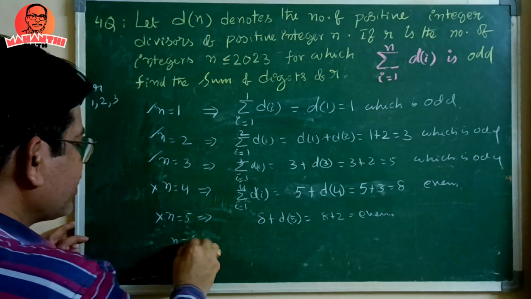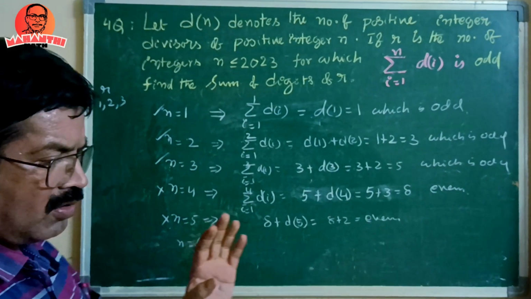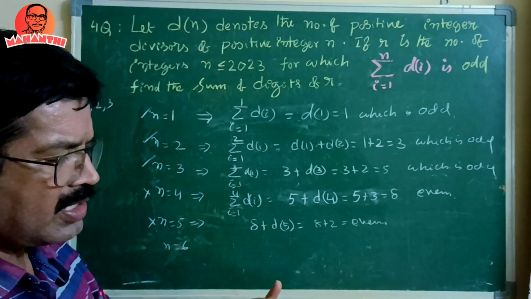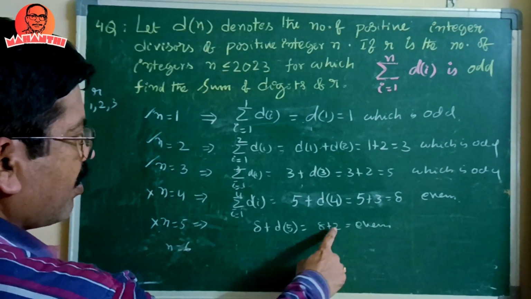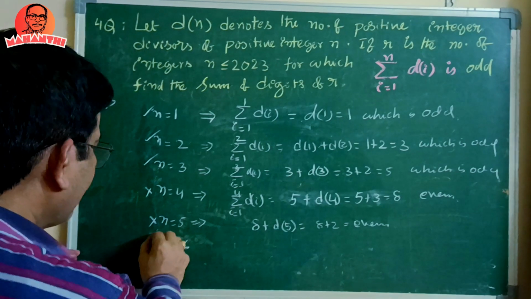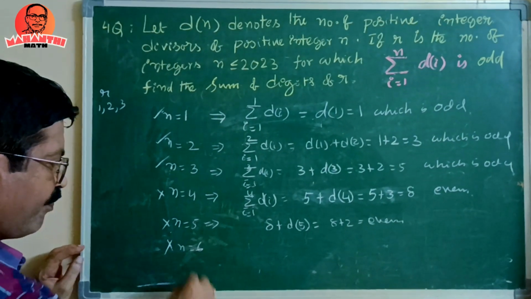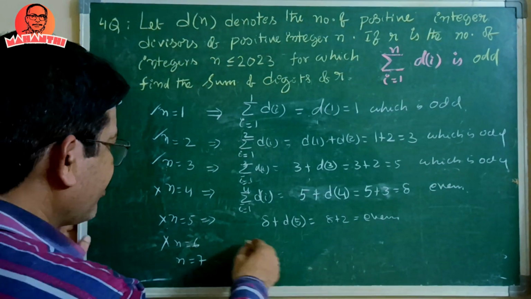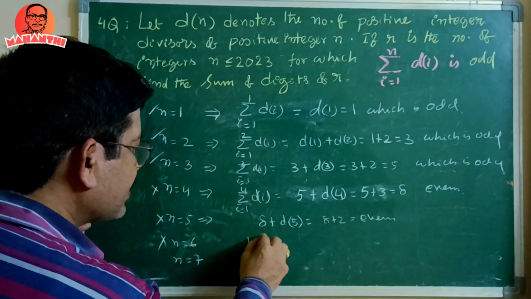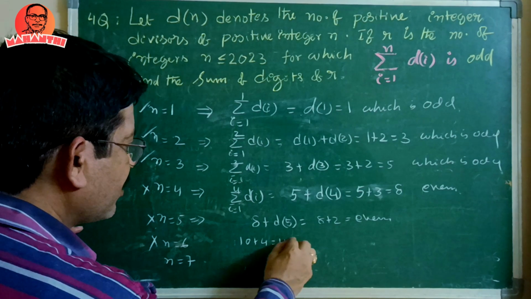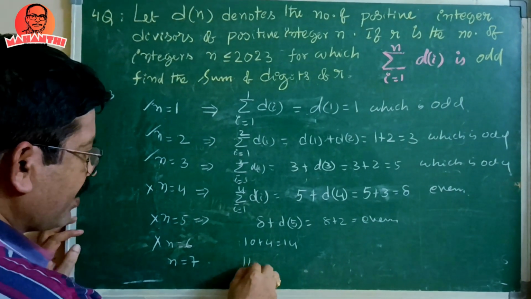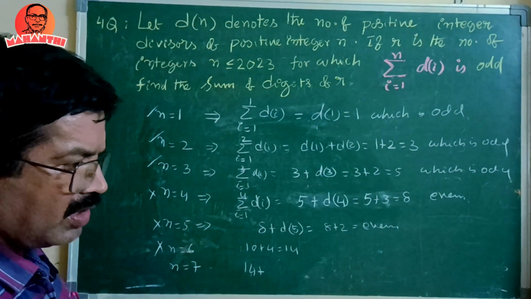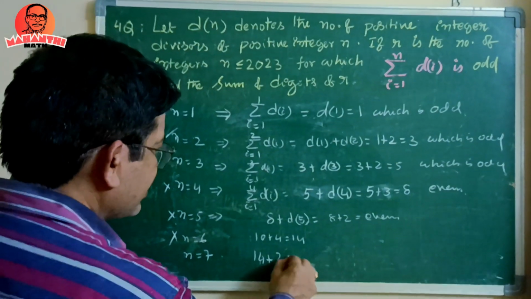For n equal to 6, you see that 6 has 1, 2, 3, 6, so 4 divisors. Here already 10, and 10 plus 4 is an even number. This one we don't take. For 7, 10 plus 4 is 14, and 7 has only 2 divisors, so 16 will come.